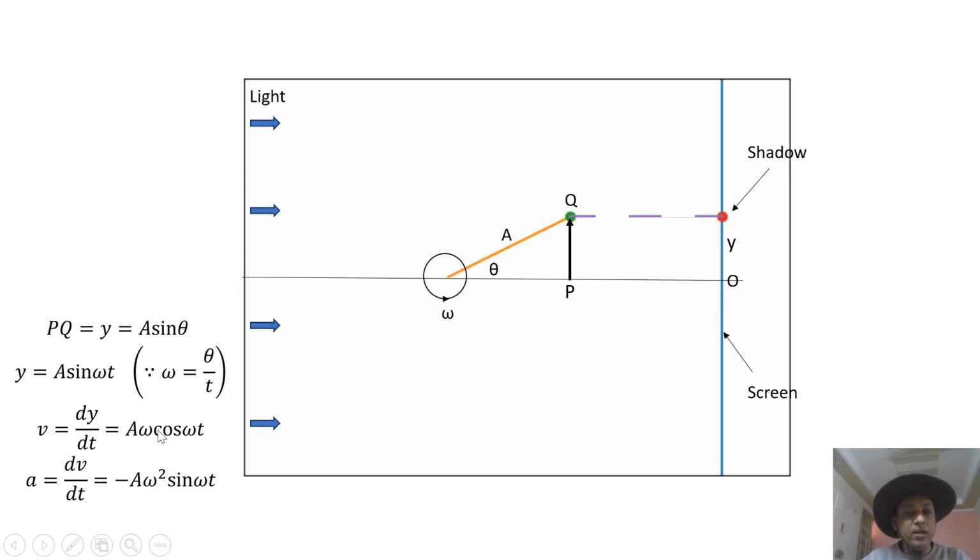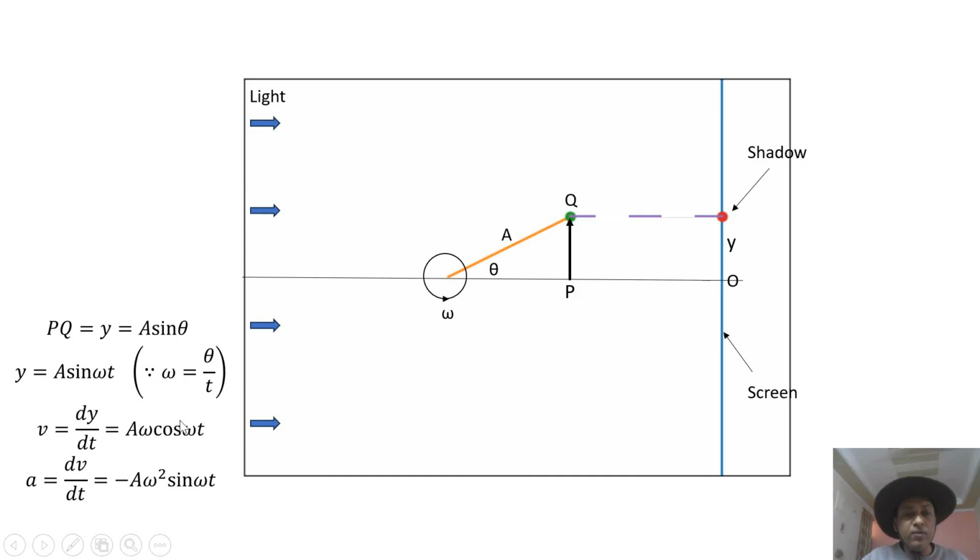Just put the time in this equation and you can find the velocity of that shadow at that instant. Similarly, acceleration is the differentiation of velocity with respect to time, dv by dt. Differentiating A omega cos omega t once more gives minus A omega square sine omega t. Again, by the help of this equation, you can find the acceleration of that shadow at that particular instant of time.